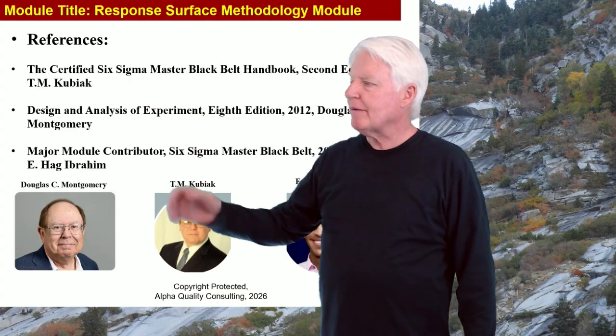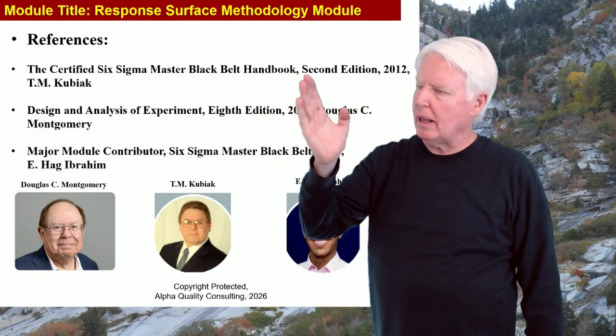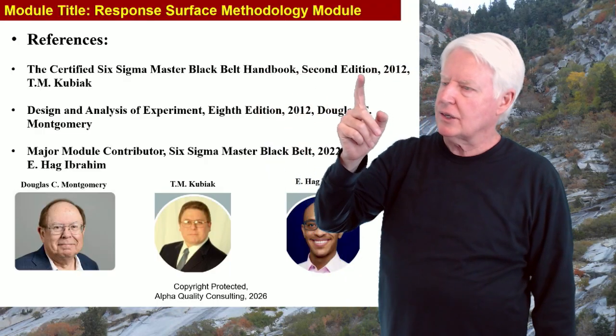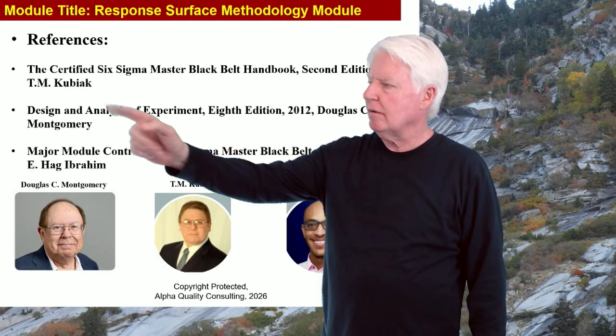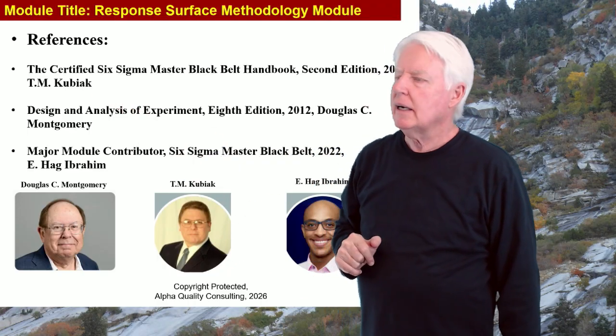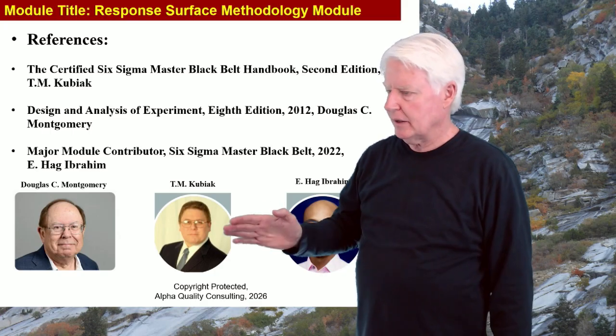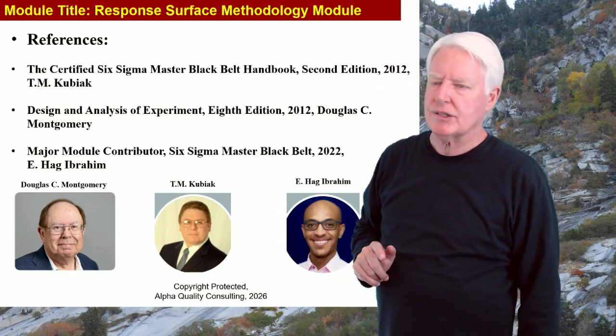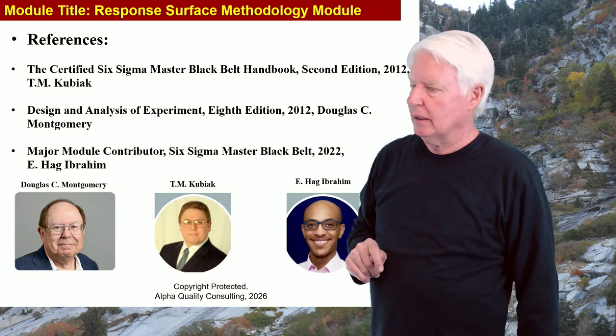References: the Certified Six Sigma Master Black Belt Handbook, a wonderful publication, 2nd edition we used here, 2012, T.M. Kubiak, and this gentleman here, we can thank him for helping us. He helped me through his book to prepare for the ASQ Certified Six Sigma Master Black Belt exam.